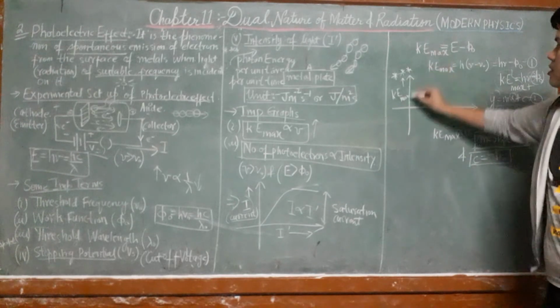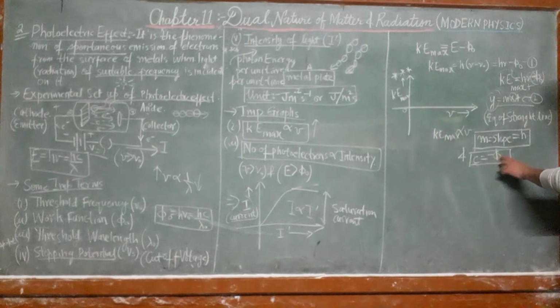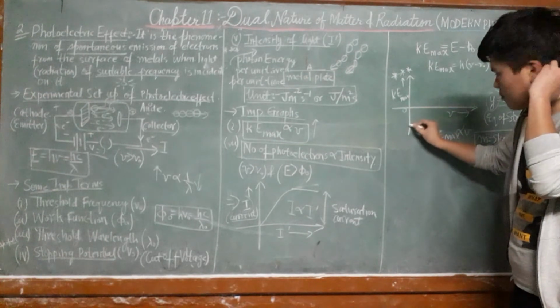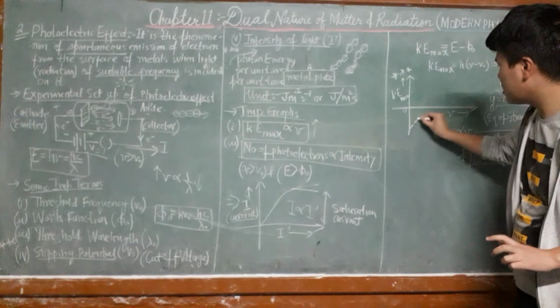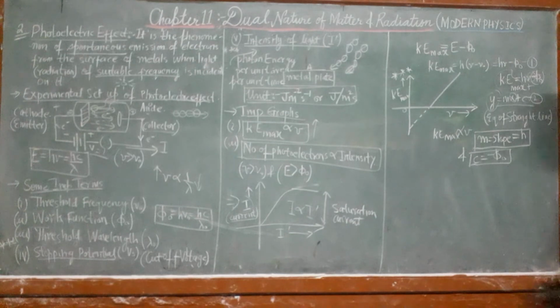So the intercept phi naught is negative, as the straight line expression shows.